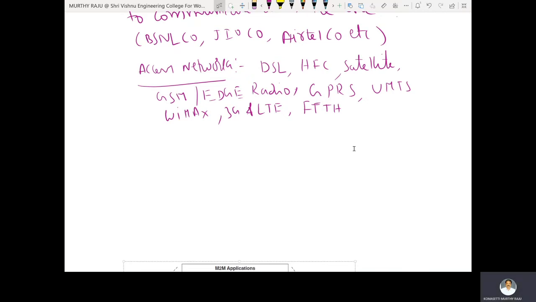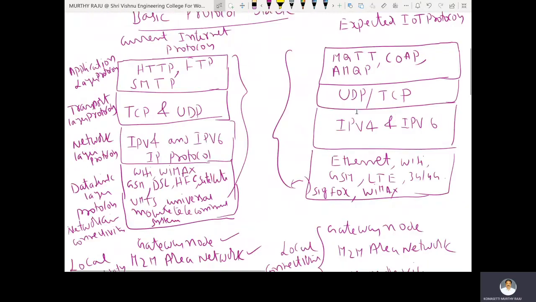Each and every device in the M2M area requires some protocol stack for connectivity. Two types of connectivity are there: local connectivity and networking connectivity. In that case, the protocol stack plays an important role. This is the current internet protocol stack and the expected internet IoT protocols.